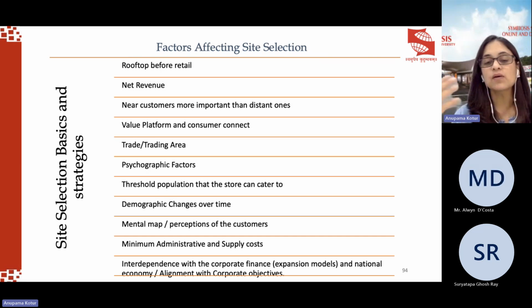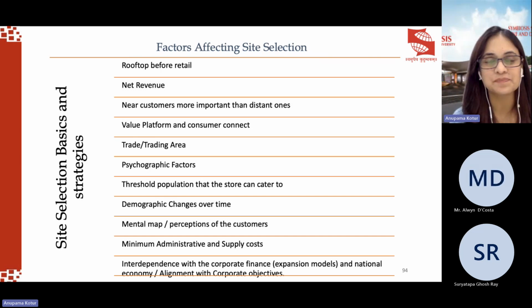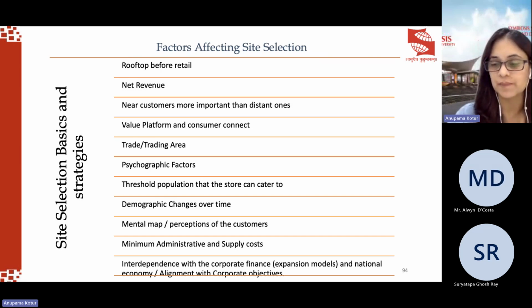So while your corporate model might look in a certain manner, each of these countries that they are expanding in might have their own dynamics, which will force these brands to make those very region-specific adjustments in their strategy.